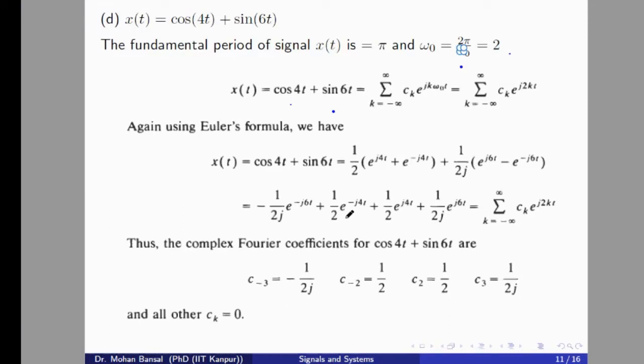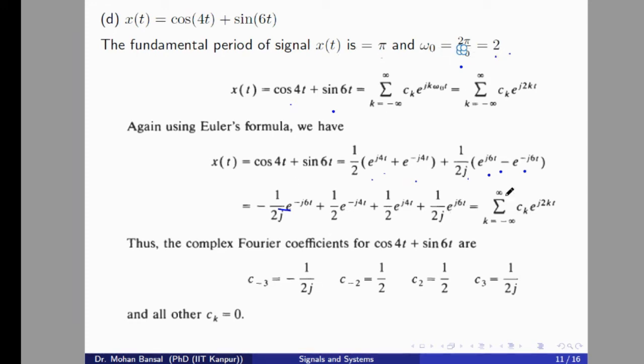If we expand it, we get half e to the power j4t plus e to the power minus j4t. Sin 6t can be expanded as 1 divided by 2j e to the power j6t minus e to the power minus j6t. So now here, what will we get? The fundamental period is pi and the fundamental frequency is 2.